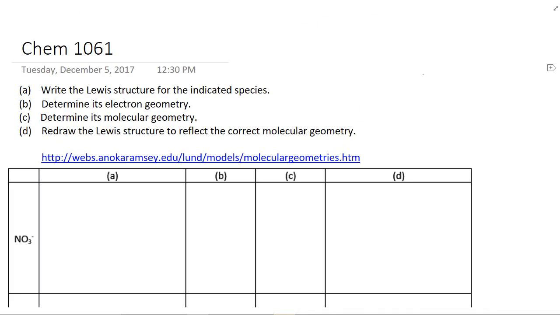All right. We go on to the next one. We're now going to draw out some structures. And to do this, we need to introduce some vocabulary. First of all, we're going to talk about the electron geometry.